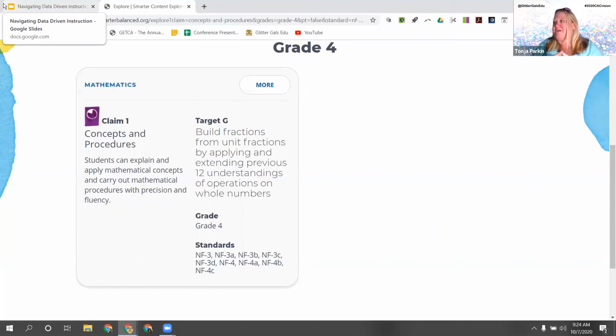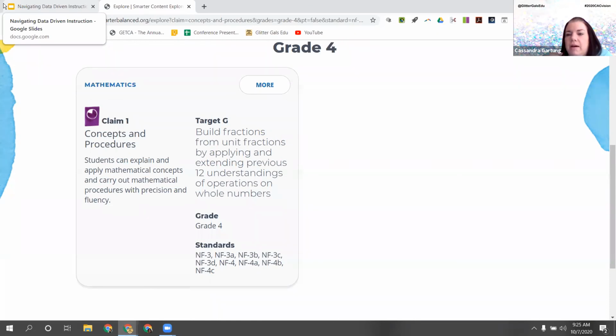And then the second question is, claim 1 is worth 50% of the CASP, am I right? I wouldn't necessarily say that claim 1 is worth 50% of the CASP, if we're talking about math, because it depends on the DOK level, it depends on the item type, there's so many other things it's dependent on.